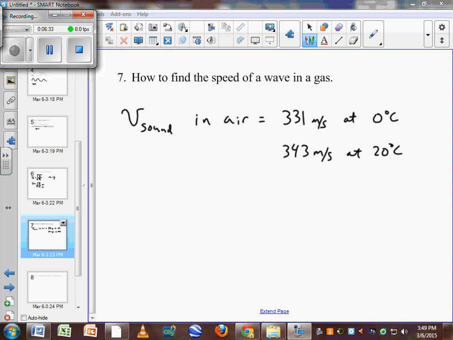So what we're going to do is a nice simple equation here. In the textbook, they have a more complicated equation that we're not going to use. But we can always solve for the speed of sound in air as being 331 meters per second plus 0.6 times the temperature in degrees Celsius.